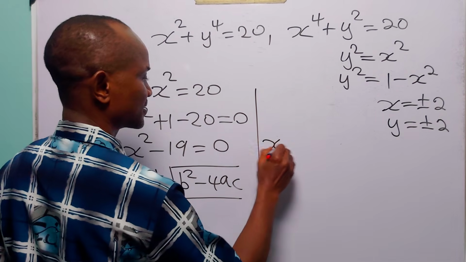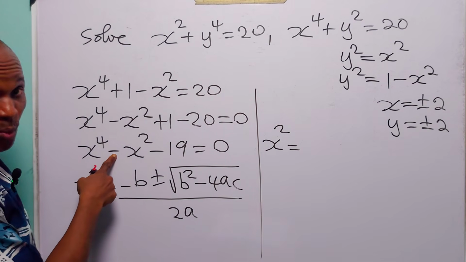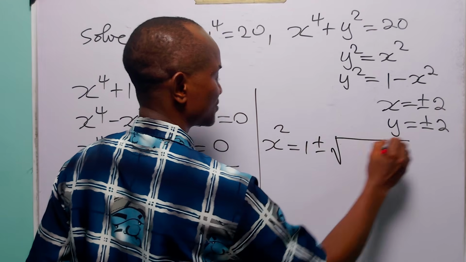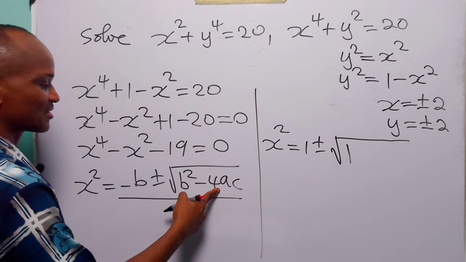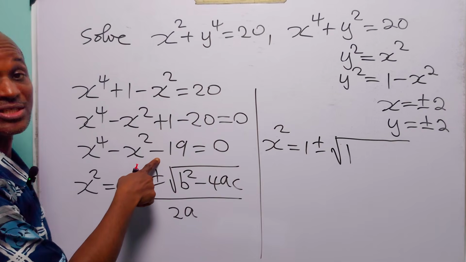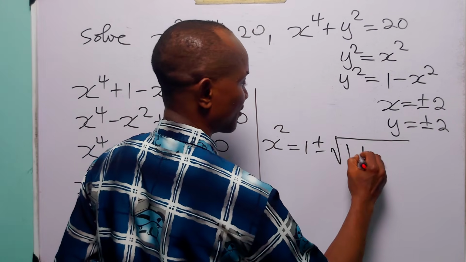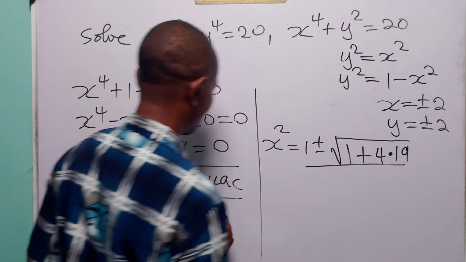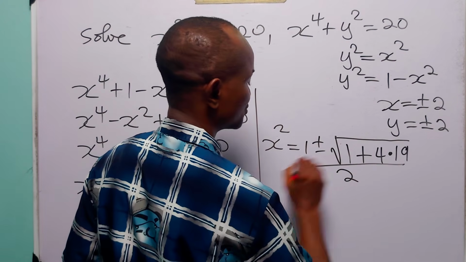From here, we have that x squared is equal to minus 1, which is 1, plus or minus the square root of 1 squared, which is 1, minus 4 times 1 times minus 19. Of course, you know that minus minus is plus. So here we have plus 4 times 19, all divided by 2 times 1, 2.